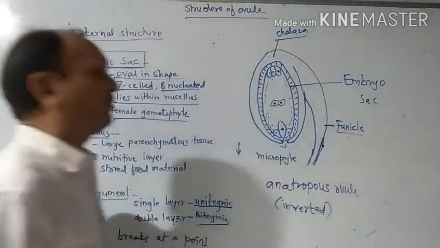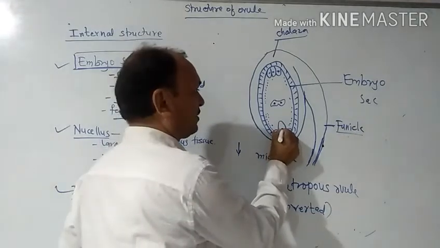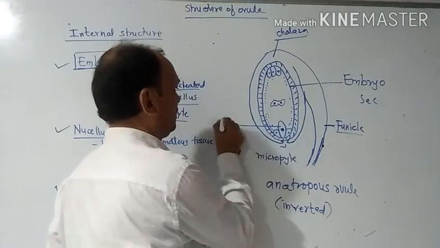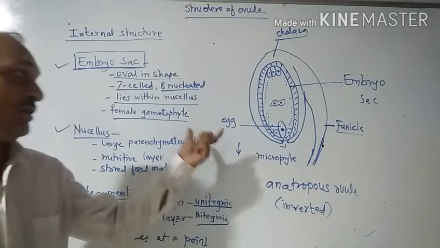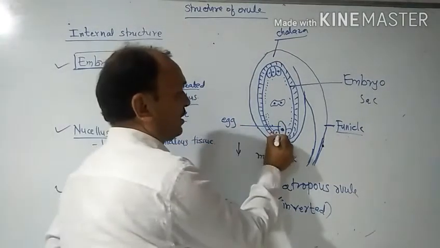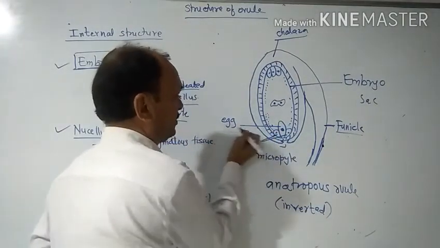Central part, oval in shape. This is the egg cell. It divides into the egg cell, which takes part in fertilization, and these two are the synergids.